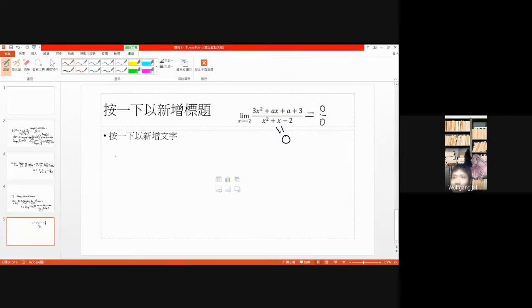So let's make the dividend equal to 0. So we have 12 minus 2a plus a plus 3 equal to 15, equal to 0.